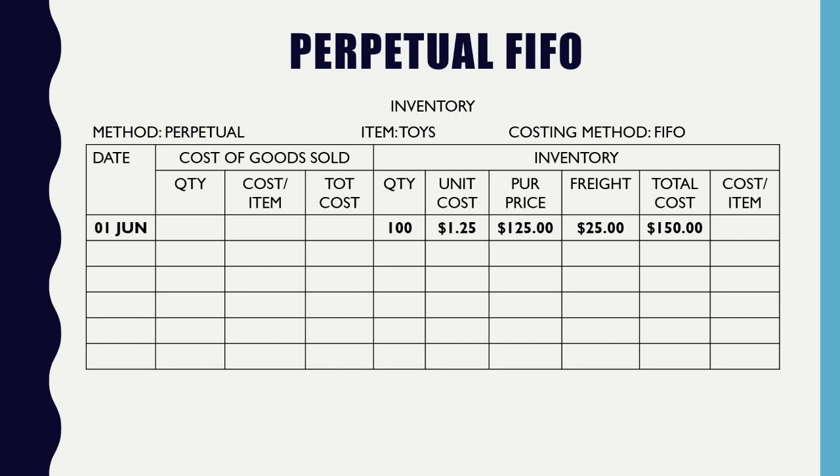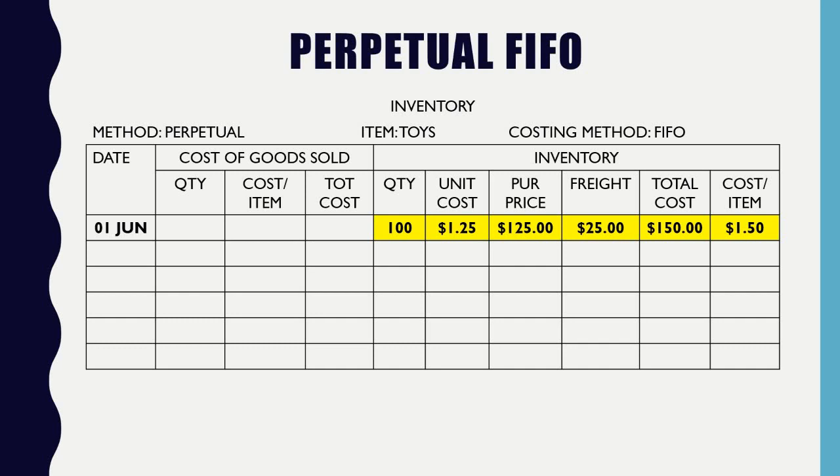And because we're doing FIFO, we are still obligated to keep track of each batch of inventory that we purchase. So in this case, it's your total cost divided by my quantity of 100 to give you $1.50. Okay.